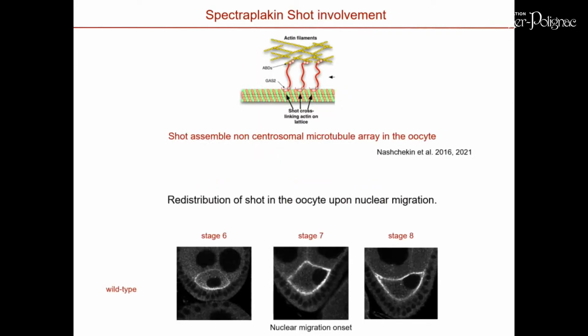And so, interestingly, in the oocyte, the distribution of this protein Shot follows the process of repositioning of the nucleus. Prior to migration of the nucleus, Shot protein is located at the posterior of the oocyte. Then when the nucleus is migrating, there is a relocalization of Shot, which shifts from a posterior position to an anterior position.